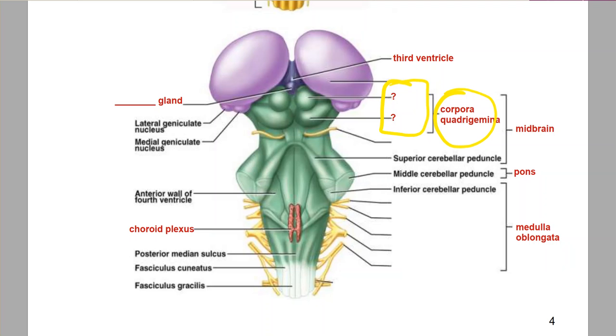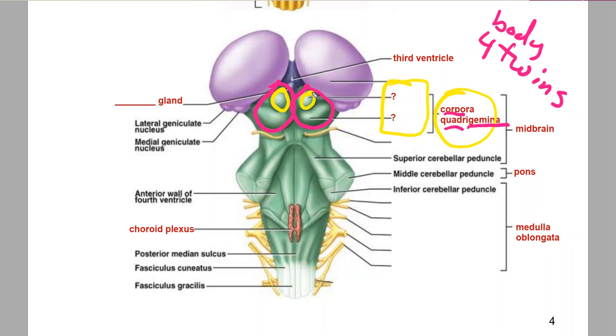But what corpora quadrigemina means: corpora means body, right? And then quad is four. And then Gemini, what's the sign of the Gemini? The twins. So the body of the four twins. On some level, you have two symmetrical structures, and they each have a substructure within them, right?